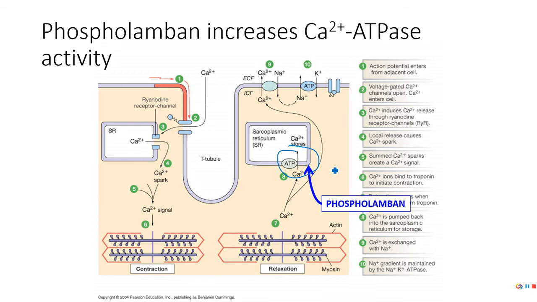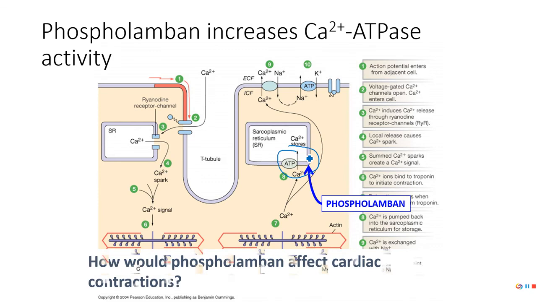And so by having more calcium stored in the sarcoplasmic reticulum, that's going to increase the gradient that exists when we have a subsequent action potential and we open up the ryanodine receptor. Bigger gradient means a greater release of calcium. More calcium means more cross bridges can be formed because calcium will bind to troponin, which moves tropomyosin out of the way, which allows actin and myosin to get together.